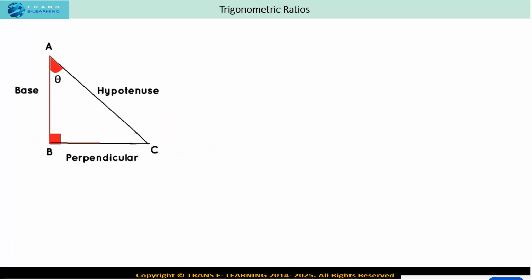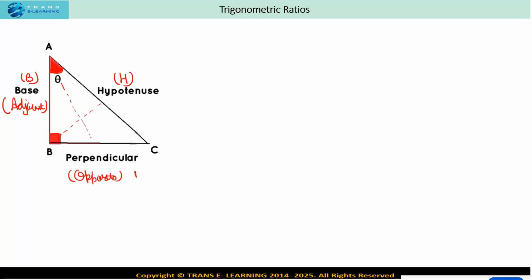So in the second case, when the angle is at the vertex of the triangle, the side opposite to 90 degrees will be the hypotenuse, and the side which has both the angles, this theta as well as 90, is known as base or adjacent. I will represent it with B. And the side which is opposite to the angle theta is known as perpendicular or opposite.